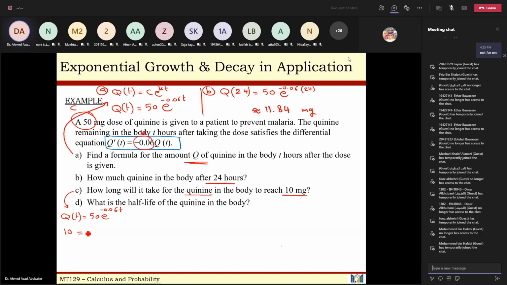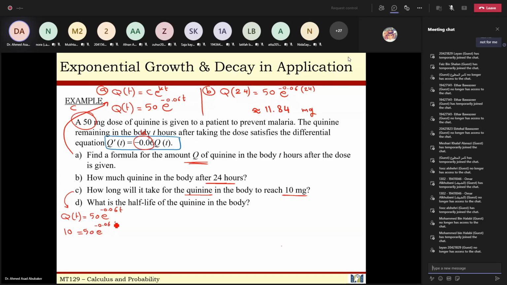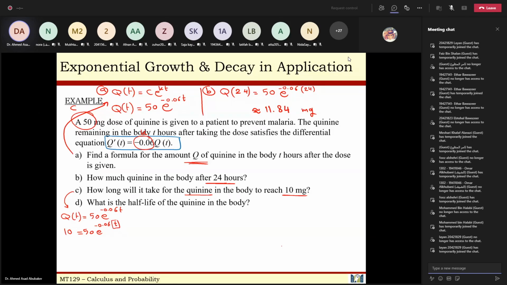So 50 e to the power minus 0.06 T equals 10, and we need to find the T. Divide by 50, we have 1 over 5 equals e to the power minus 0.06 T. Take the ln for both sides.